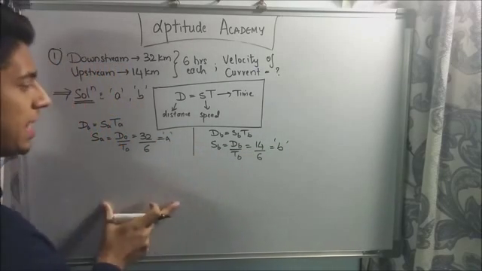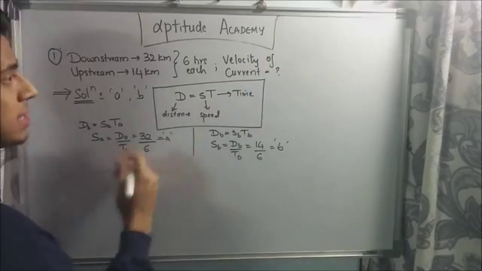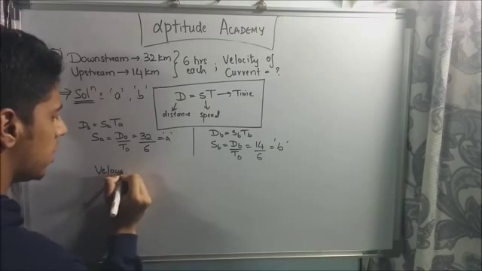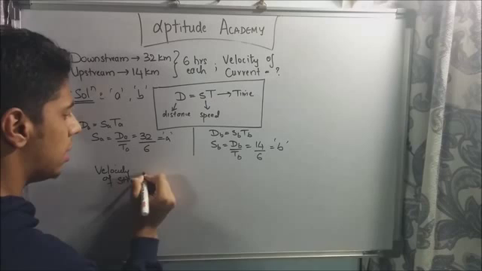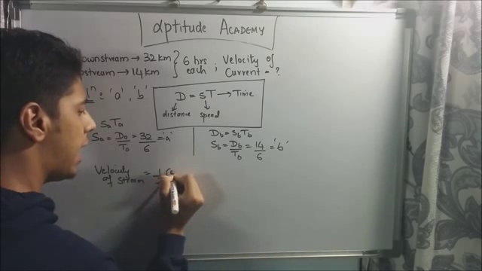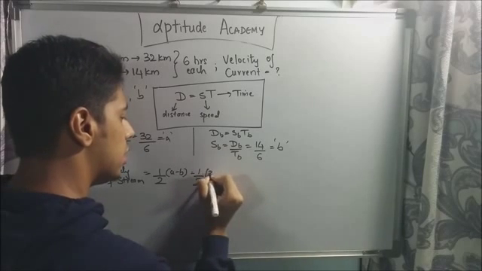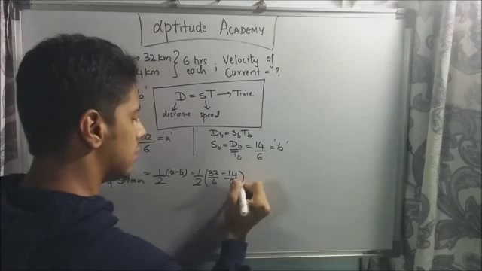Now from the previous lecture, I gave you a shortcut formula that tells you the velocity of the current, right? That is the velocity of the stream will be given as half of A minus B, right? So half of 32 by 6 minus 14 by 6, right?